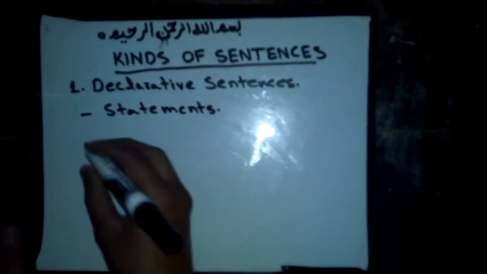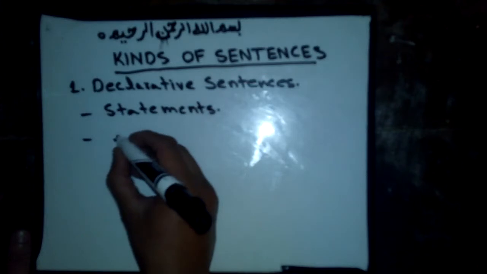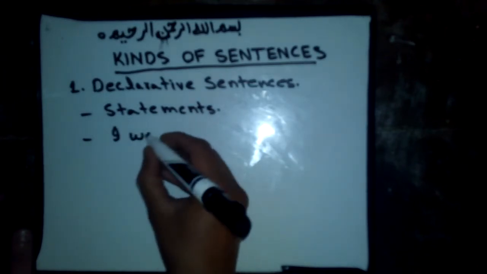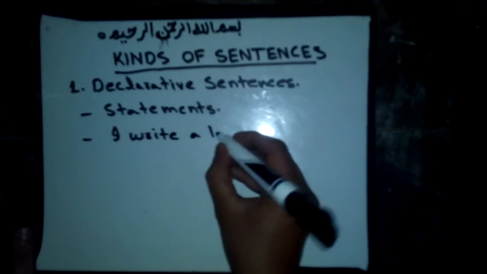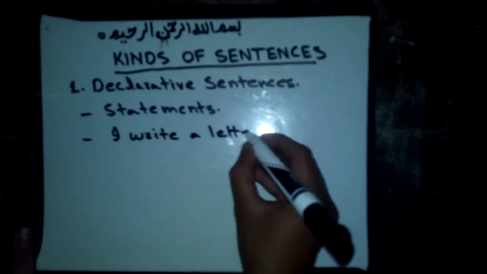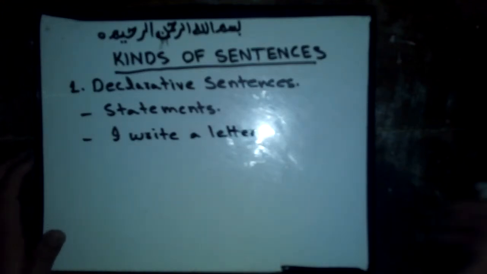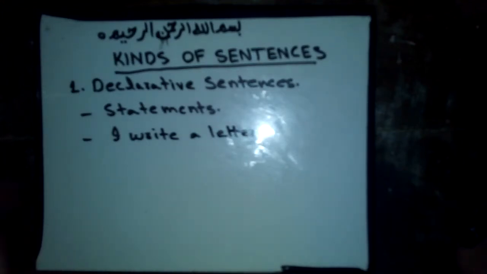For example, I write a letter. It is declarative sentence because there is no order in this sentence.